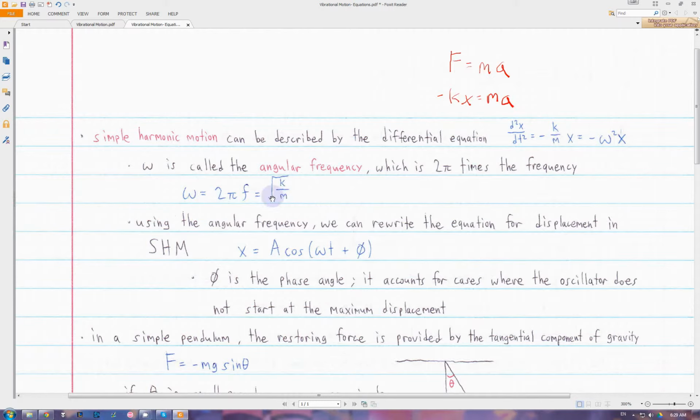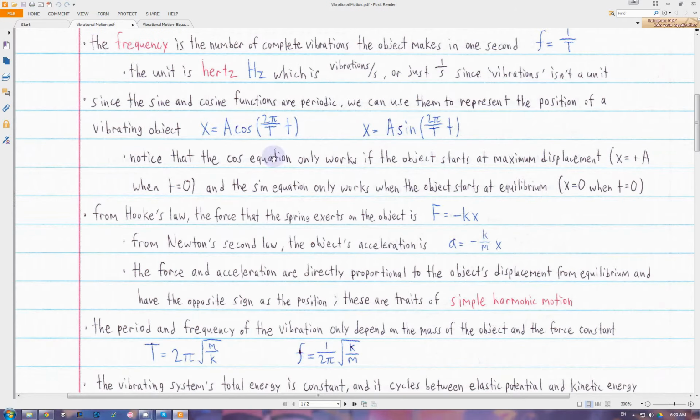And you can see, if we solve for the regular frequency, we get 1 over 2 pi times omega, which agrees with the equation that we found before. The frequency is 1 over 2 pi times the square root of k over m. And then we can also get the period equation, which is just the reciprocal of the frequency equation. So we have the same equations, but we now are using a new quantity, the angular frequency.